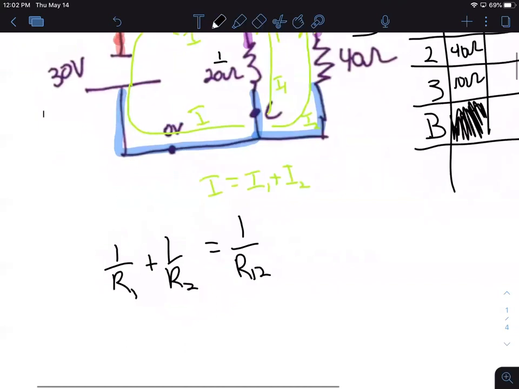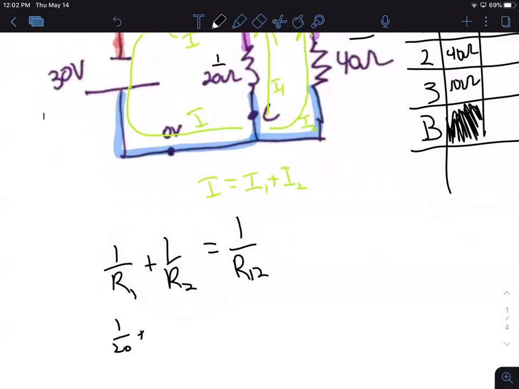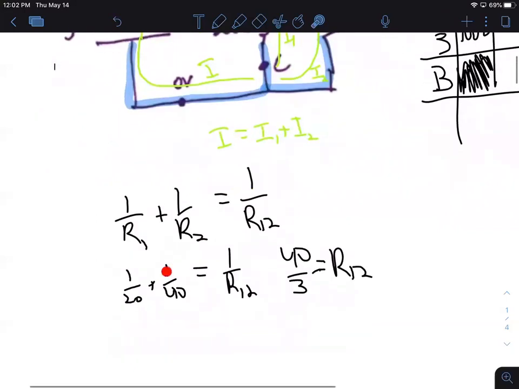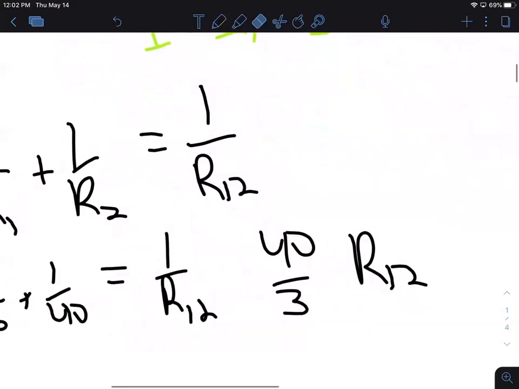So we have 1 over 20 plus 1 over 40 equals 1 over R12. So that's 40 over 3 equals R12. Because when I add this, this is 2/40 plus 1/40 is 3/40, and then I have to reverse everything to get 40/3 ohms, which is 13.3 repeating ohms.